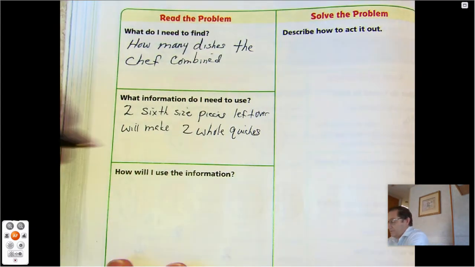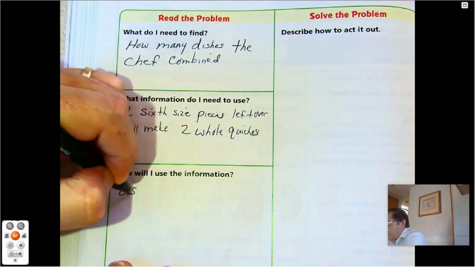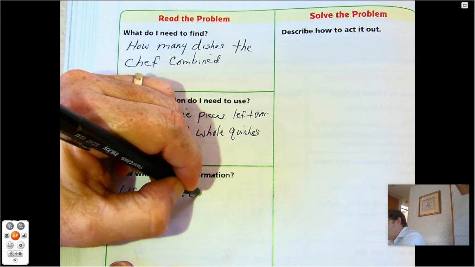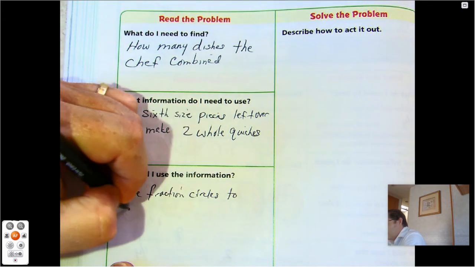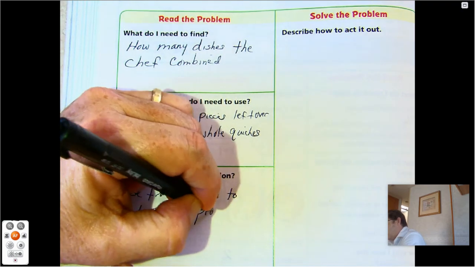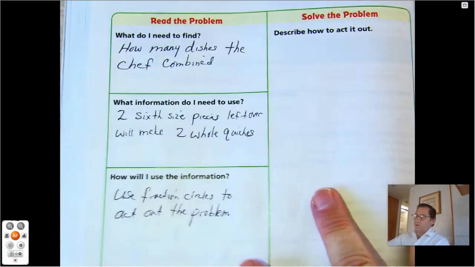So how do I use that information? So we'll use fraction circles to act out the problem. All right, so how are we going to start?